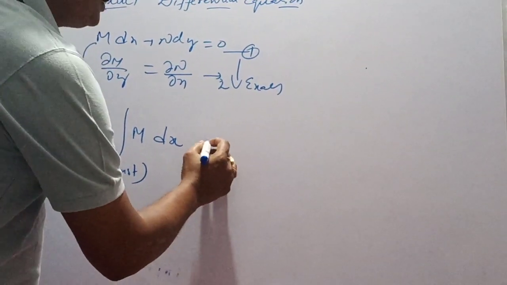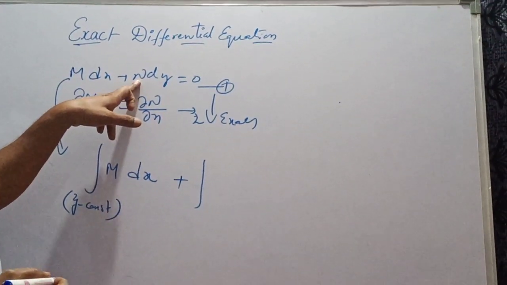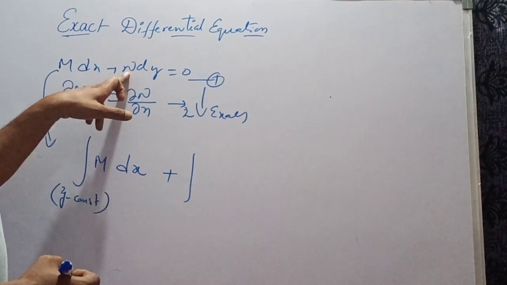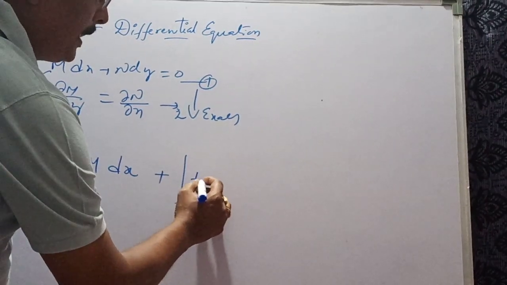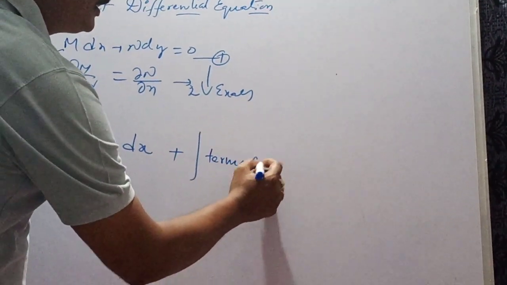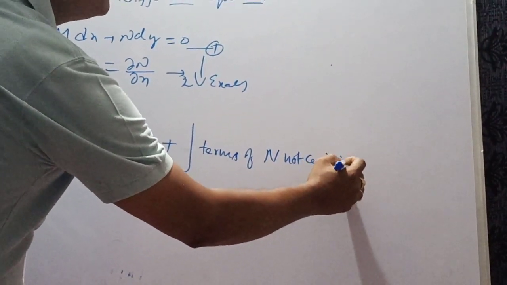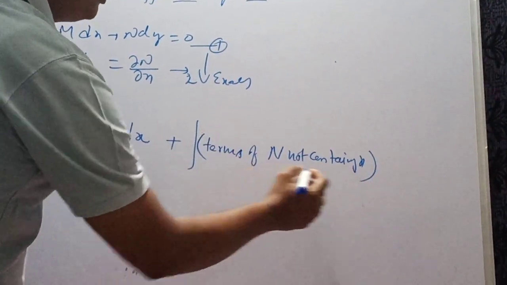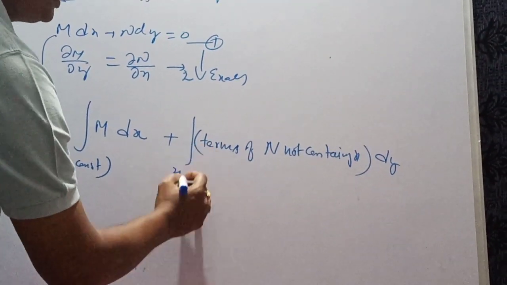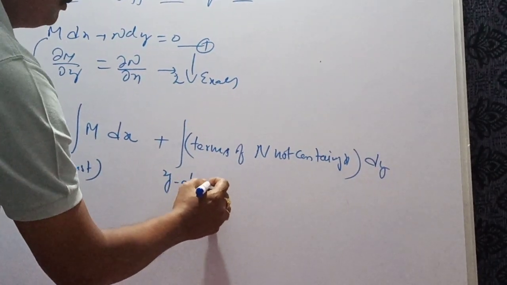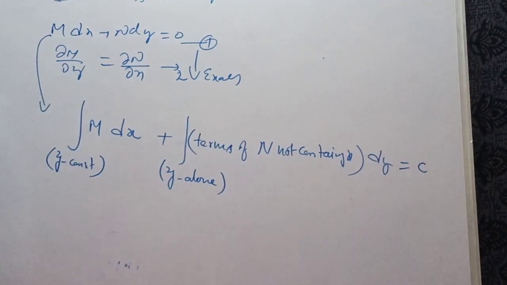Plus, in the second term, take the terms of N not containing x, that is, only the y alone functions of N, into dy, equal to constant c.